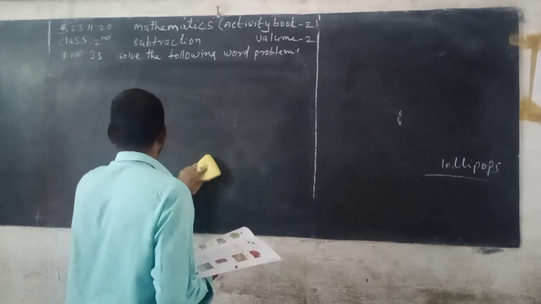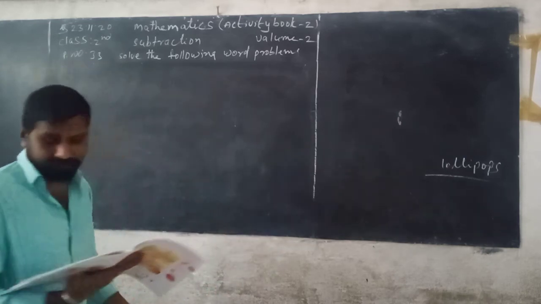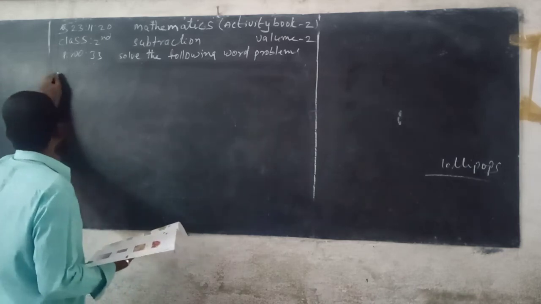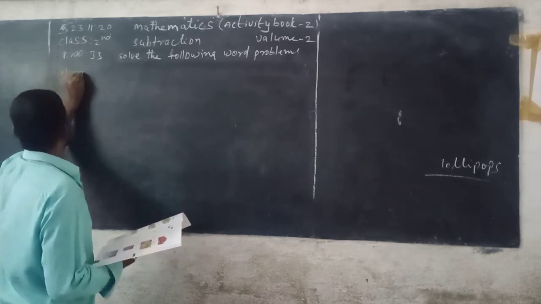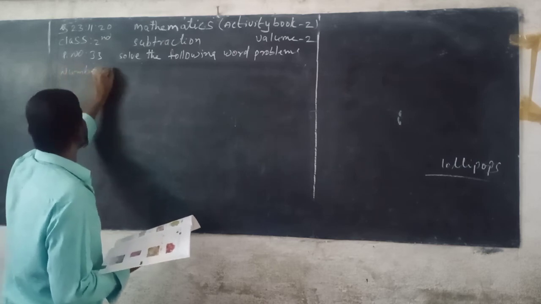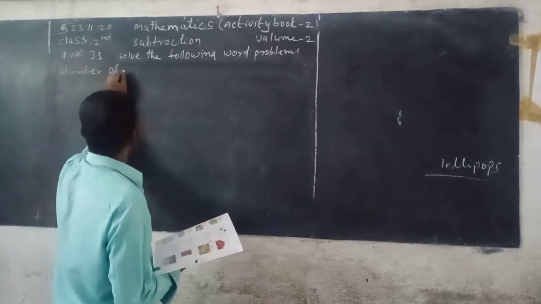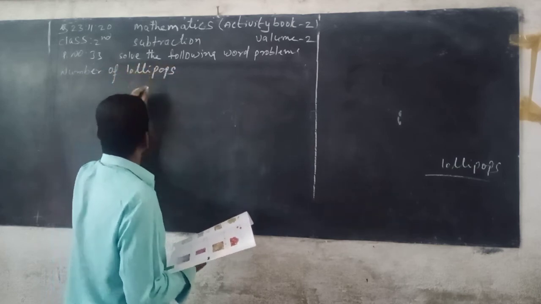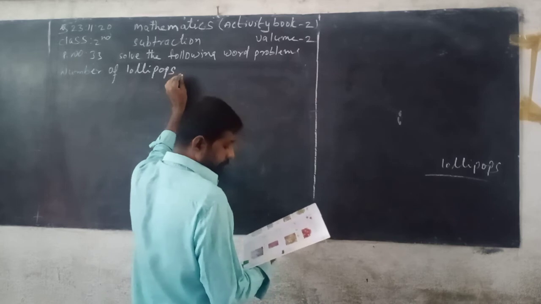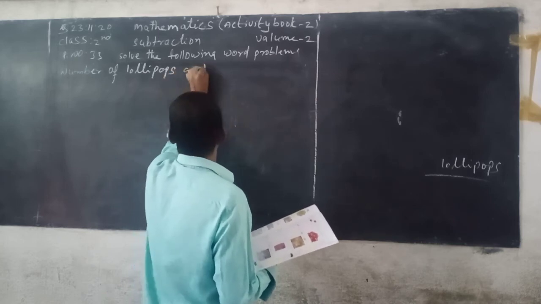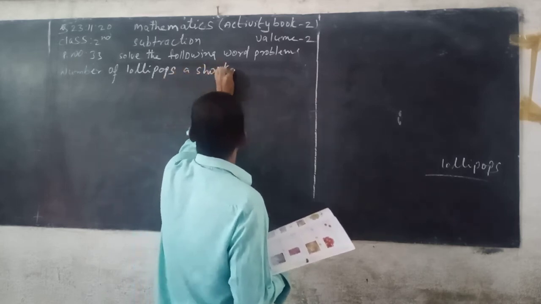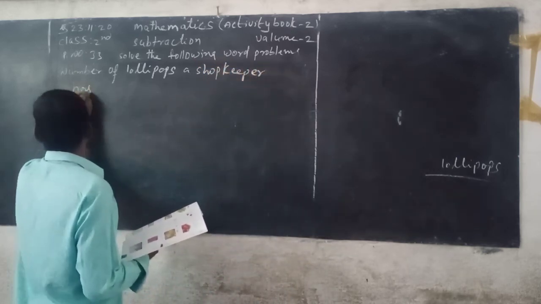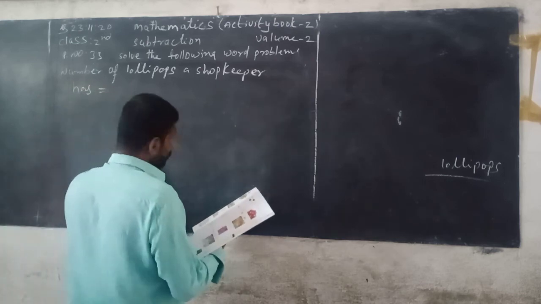See here, number of lollipops a shopkeeper has is equals to 50.